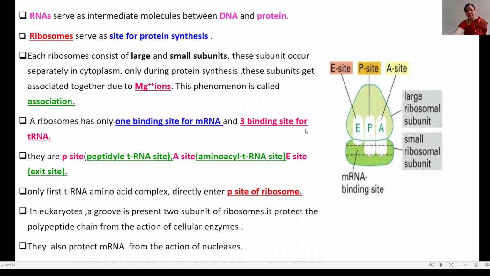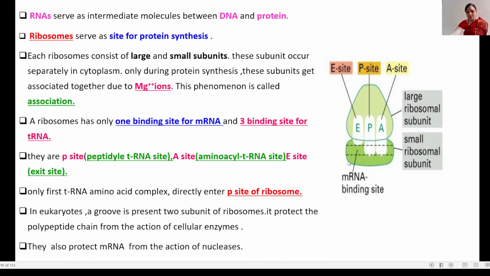So here see the diagram of the ribosome. Ribosomes are known as protein factories of the cell. Ribosome consists of two parts, the smaller subunit and the larger subunit.